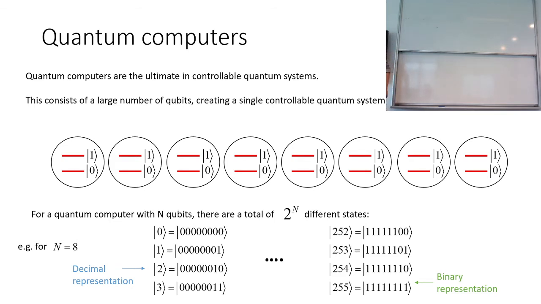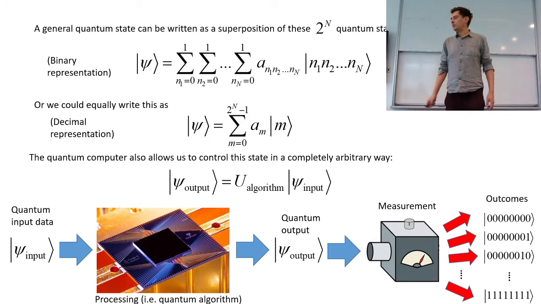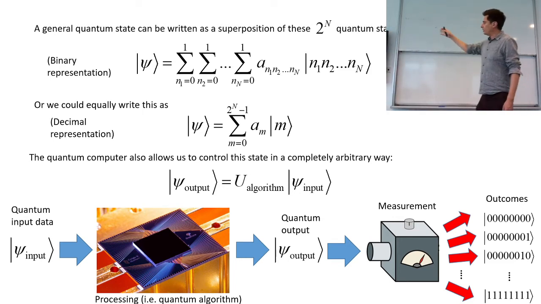If we convert that to a decimal number, for 8 qubits, it would be 256 states, right? Starting from 0. The general quantum state of such a quantum computer would be some wave function with 2 to the n of these components, right? These A with the subscripts are all the different coefficients of the states.